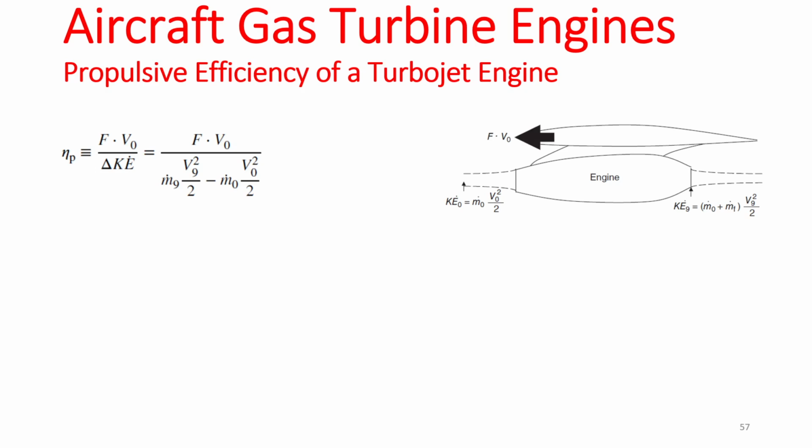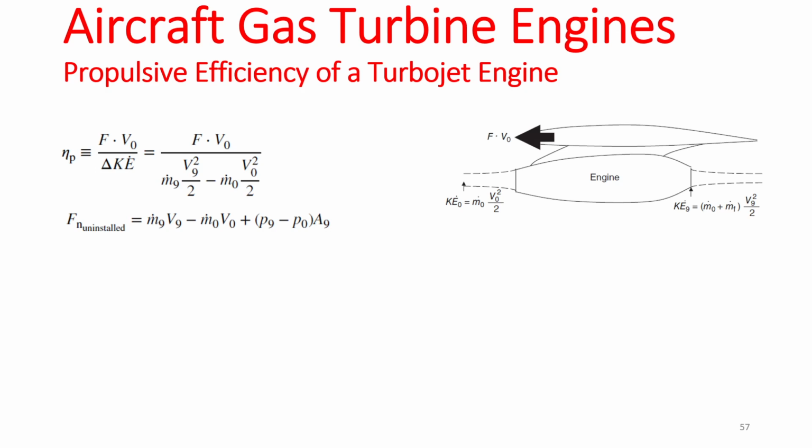divided by the change in the kinetic energy. Of course, the uninstalled thrust, we know we can find using m dot 9 V9 minus m dot 0 V0 plus (P9 minus P0) A9.